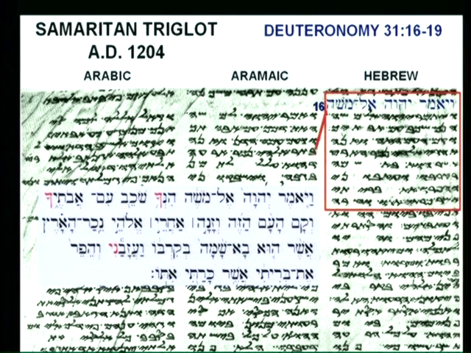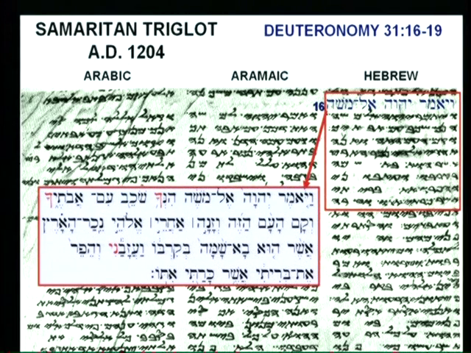And this whole section, as you look at it here: "And the Lord said unto Moses, Behold, you are about to lie down with your fathers." In other words, you're about to die. "And this people shall rise up and shall commit adultery, shall fornicate after strange gods of the land, which they came into here in its midst, and they have departed from me, and they have violated my covenant which I made with them, which I have cut with them."